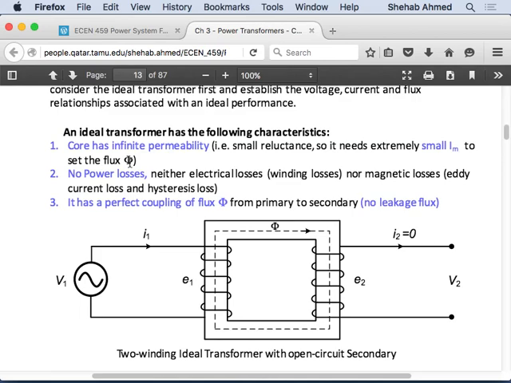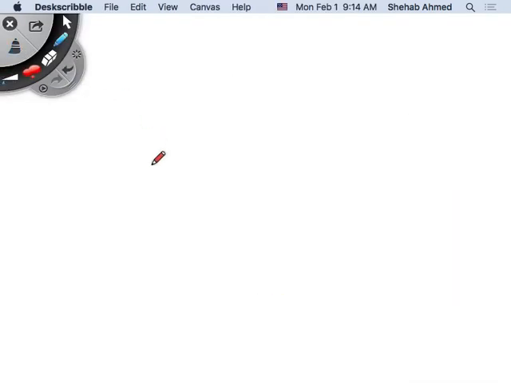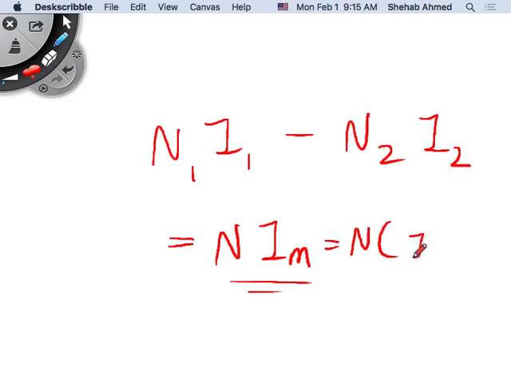So N1I1 minus N2I2, or if the N's are equal, it's N times Im; this I1 minus I2, we call it N times Im.